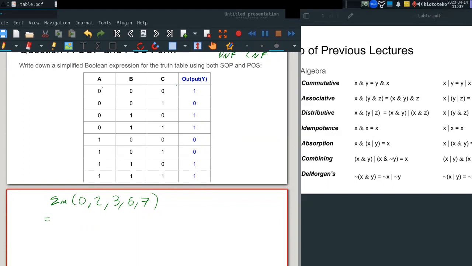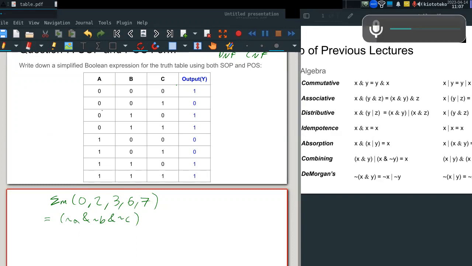In this case, the 1 here is the result of A being 0, B being 0, and C being 0, so you describe it as not A and not B and not C. If you put this combination in, it should result in 1.